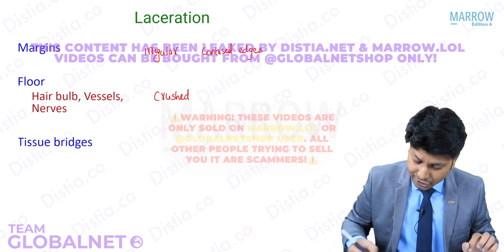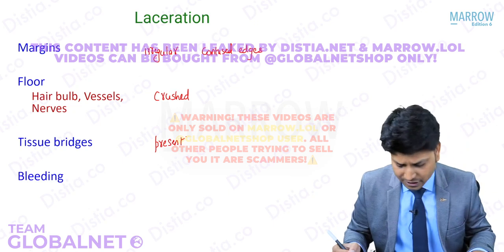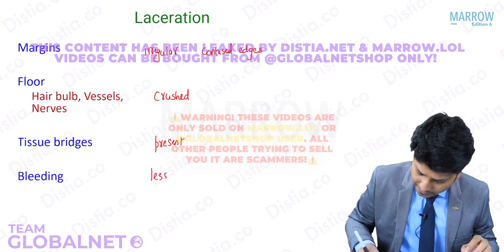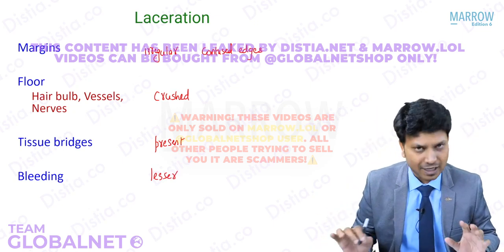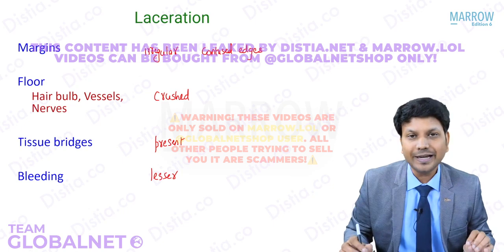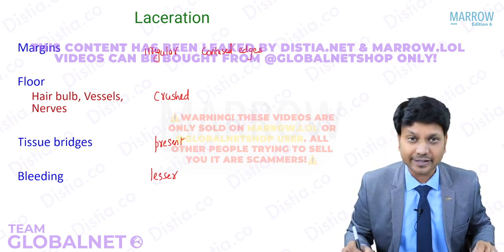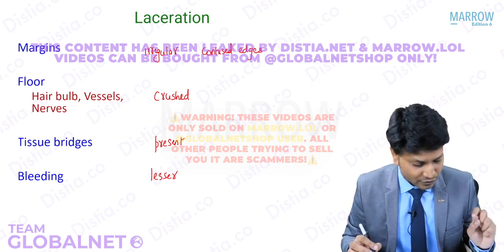And tissue bridges are present in a case of laceration. When you look at the bleeding, the hemorrhage will be lesser when compared to incision, right? Fine, hemorrhage will be there, but it will be relatively less. We'll discuss the reason why later. For now, remember you will have lesser bleeding in case of laceration.